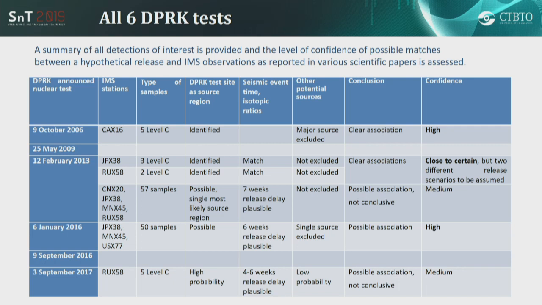For the 2016 study, there's only a possible association, and the confidence in this is high. And for the 3 September 2017, the conclusion is possible association, but not conclusive. So medium confidence. In fact, I can tell you that there are more cases like that.